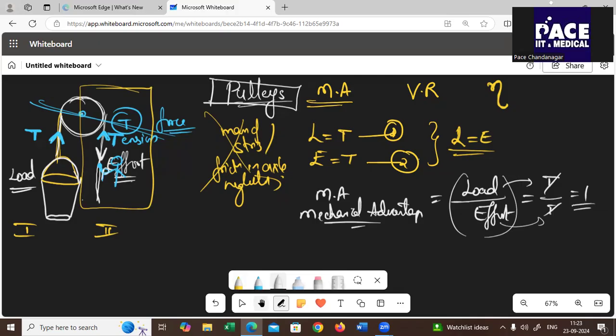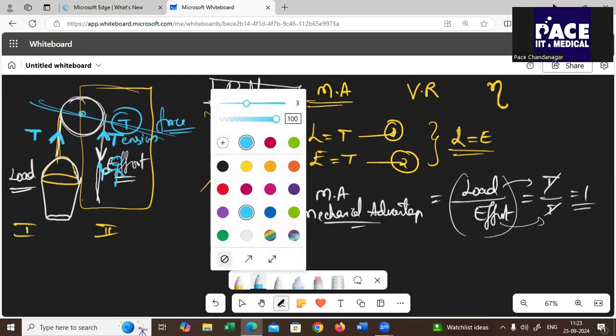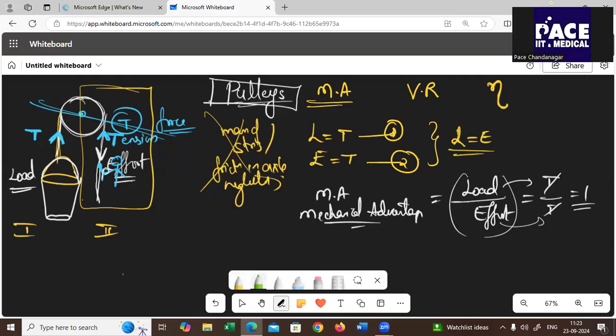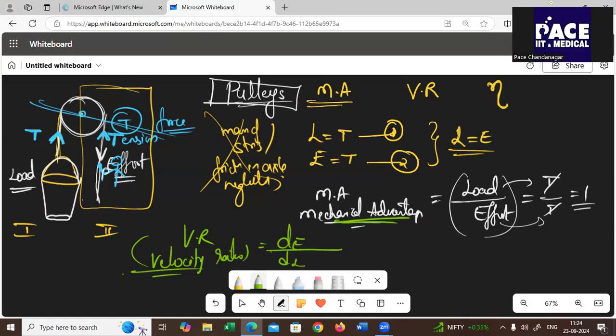Then we talk about something called velocity ratio. Mechanical advantage talks about how much load you're lifting and how much effort you are putting in. So load by effort is the mechanical advantage, and VR stands for velocity ratio. And what is velocity ratio? Distance moved by the effort arm to the distance moved by the load arm, right?